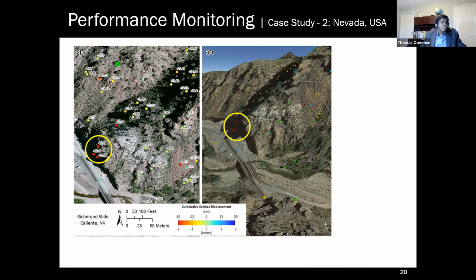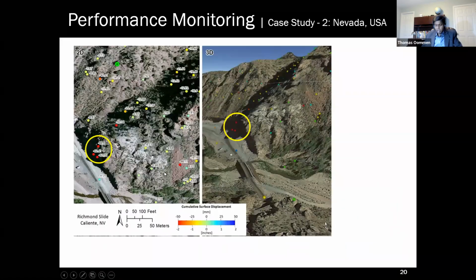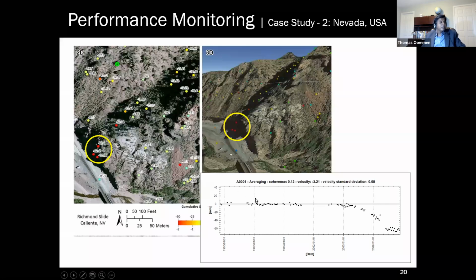This actually matched very well with what the rail company had to say. They had mentioned that they started seeing slope movements from 2005, and rotational slope motions were observed in 2006 and so on. So their observations were validated with the radar measurements.